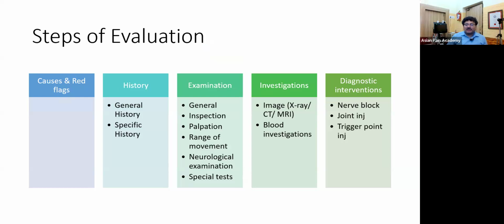Otherwise, we go for the detailed history, general history, and specific history. Then we go for the examination: general examination, inspection, palpation, range of movement, neurological examination, and special tests. Then we go for investigations, like imaging studies or blood investigations.